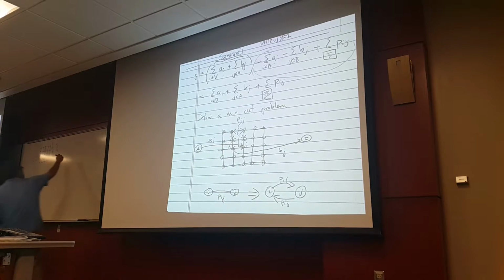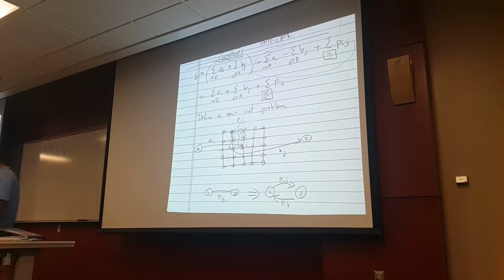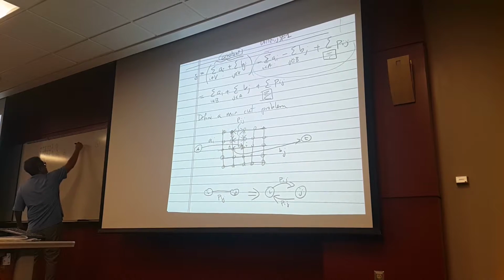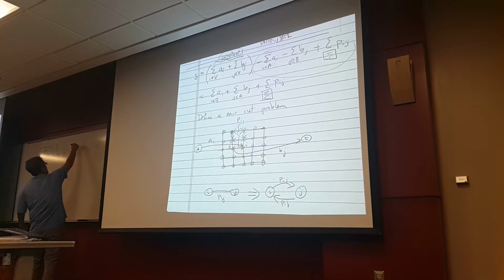So let's say I have an s-t cut. Here is S and here is T. Somewhere in there, there's a pair j, i, like what I've shown you here. So the pair j, i, and of course there are two edges in my transformed network.